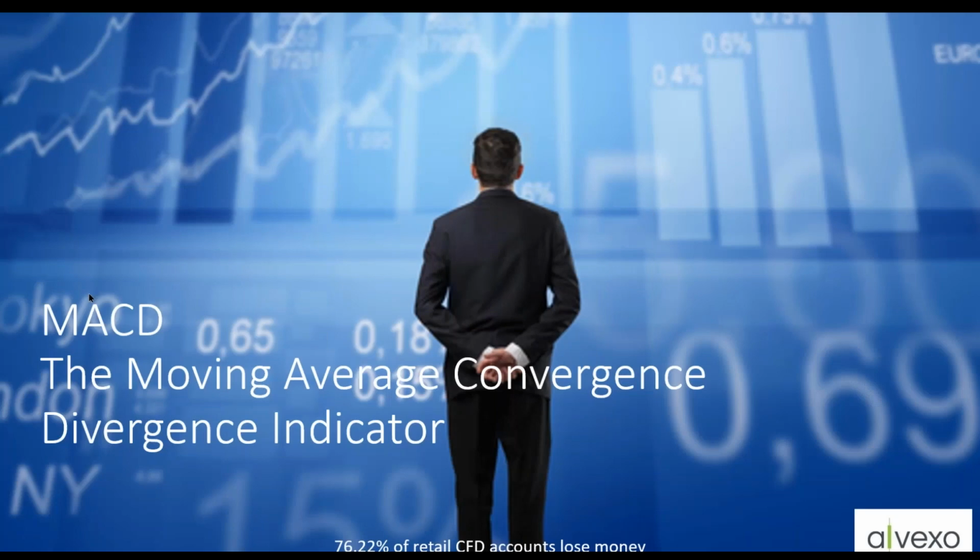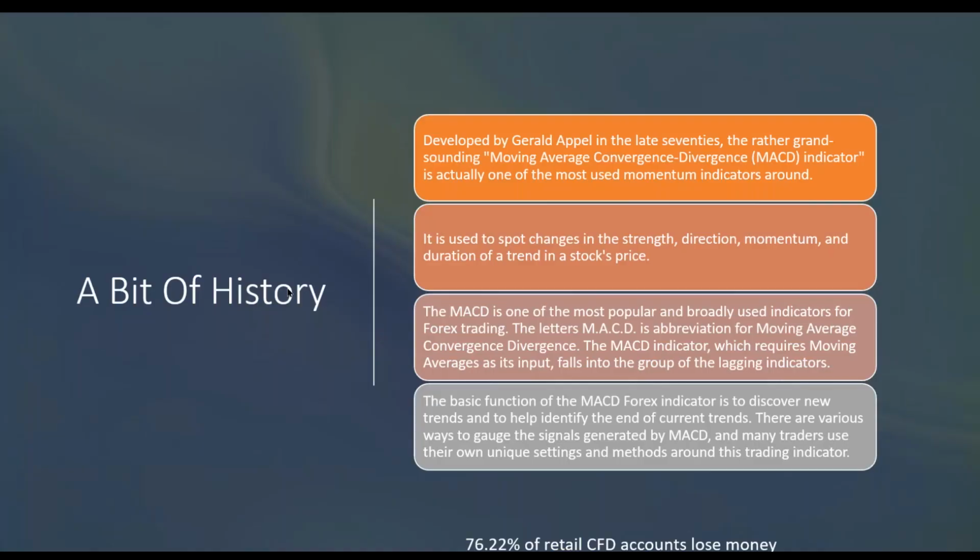Let's get forward talking about MACD, the Moving Average Convergence and Divergence. Now, there are many technical indicators out there. MACD is one of the few that I use because I'm a price action trader. But indicators do just that. They're indicators. They're like the translators of the market.